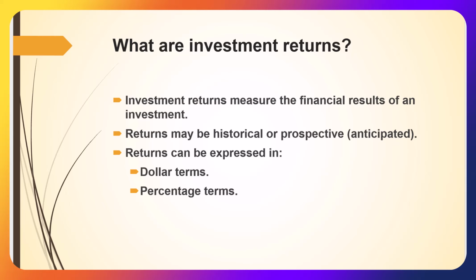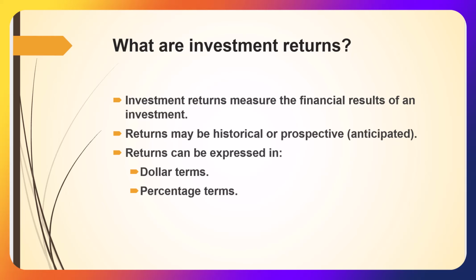So let's connect this to the real world. Procter & Gamble, a blue chip stock that provides steady dividends. If you hold its stock, your return includes both capital appreciation and dividends, making it a stable investment choice.